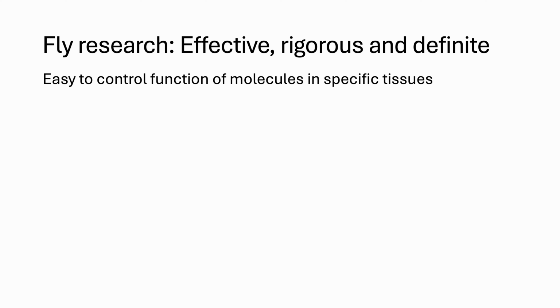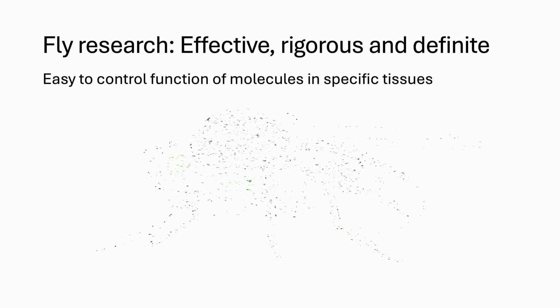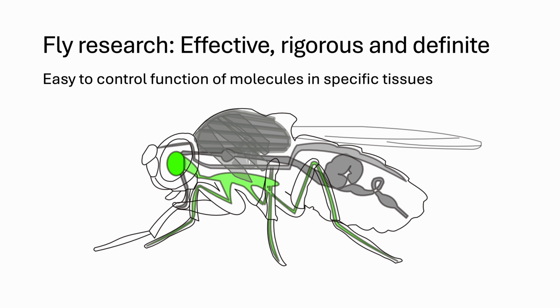So we're working with similar machines, but you should be able to control the behavior of a molecule inside a living animal at all times, right? And so Drosophila actually offer that kind of ease. So what you're seeing here is highlighted inside a living Drosophila. Its brain and central nervous system. You can target the function of specific molecules only in the nervous system if you want.